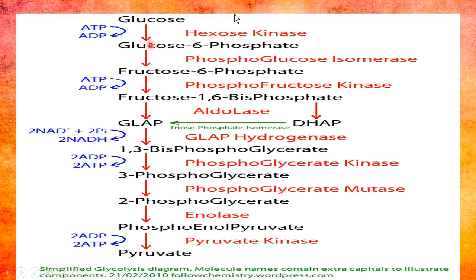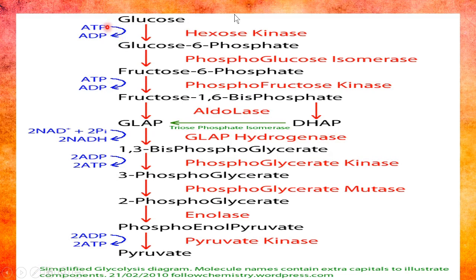Now we see the first step in glycolysis, and it is also the first step in the preparatory phase. That is phosphorylation 1. In this phosphorylation 1, what happens? The glucose molecule undergoes phosphorylation with the help of ATP. It occurs in the presence of the enzyme hexokinase and cofactor Mg2+.